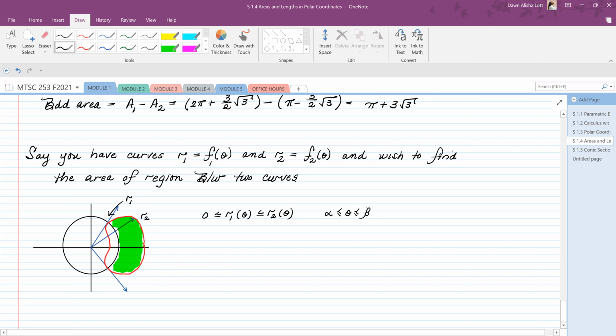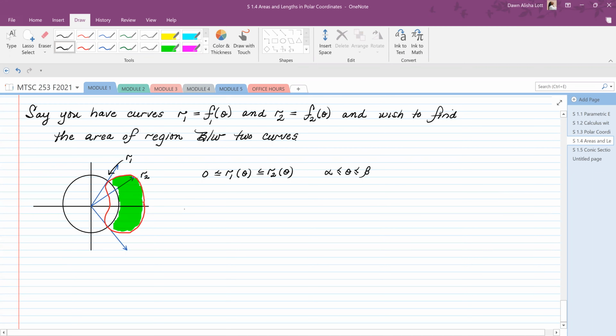So then the area between the two is the integral from alpha to beta of 1/2 R2 squared d theta minus the integral from alpha to beta of 1/2 R1 squared d theta.